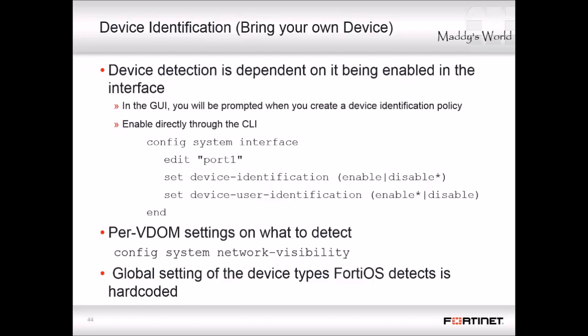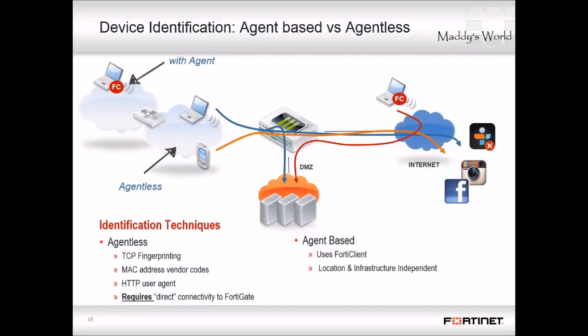Device identification enables some of the detection options. Device user identification enables looking at the packets to try and find a user using that device. There are two methods for implementing device identification: agentless and agent-based. Agentless identification works by looking at the traffic patterns generated by the device, TCP fingerprinting, MAC address, and the HTTP user agent.